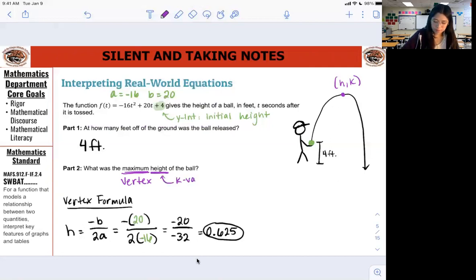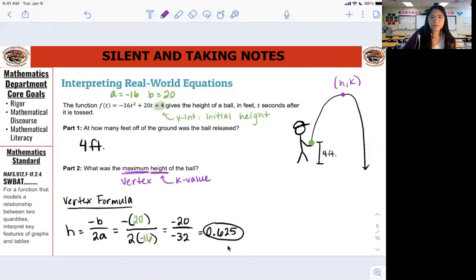So we need to plug that in. Let's think about this logically. Would it make any sense that the ball would only be traveling 0.625 feet in the air? No, that wouldn't make any sense. So this is 0.625 what?